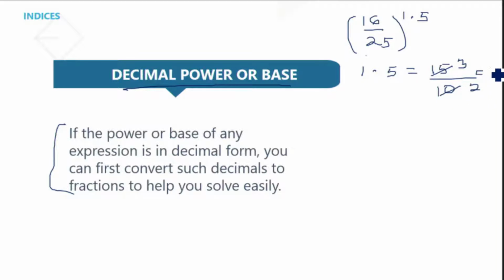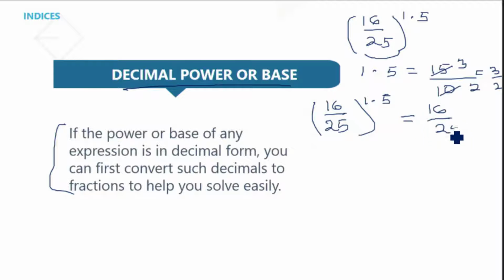So we have that this is 3 over 2. Okay, so we're replacing it up there. So 16 over 25 raised to the power 1.5 is perfectly the same thing as 16 over 25 raised to the power 3 over 2.